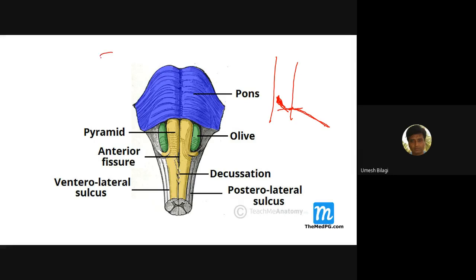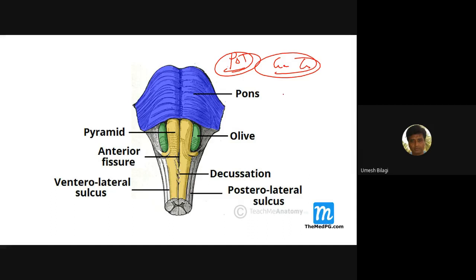The posterior column, the gracilis and cuneatus tracts, cross inside the medulla only. So there is both motor crossing and sensory crossing. I'm telling you this to give a holistic picture before getting into the details of the medulla.